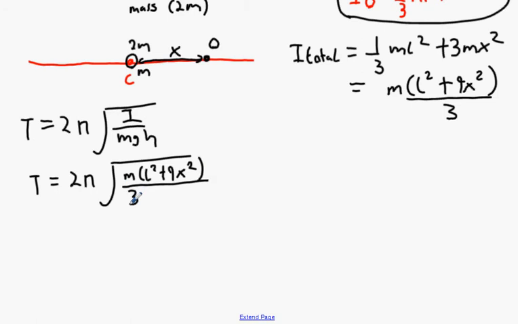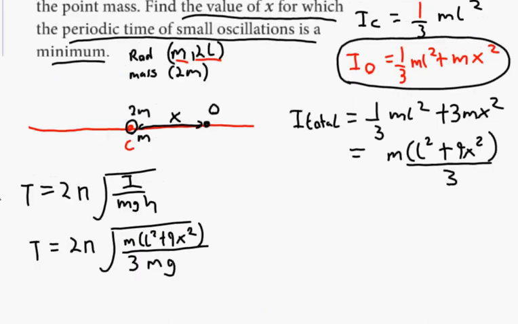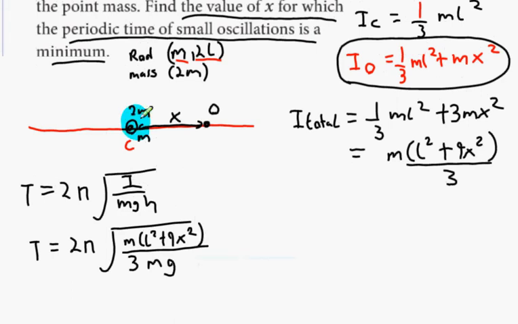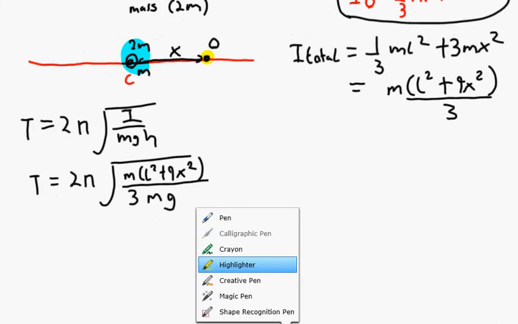Put that beside m g. Can anybody tell me what h is? What does h stand for again? It stands for the distance of your axis of rotation to the center of gravity of your object, and we know that to be x. Center of gravity, guys, located here. Axis of rotation, located there. Distance x away. So mgx.